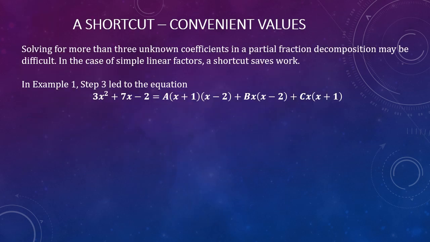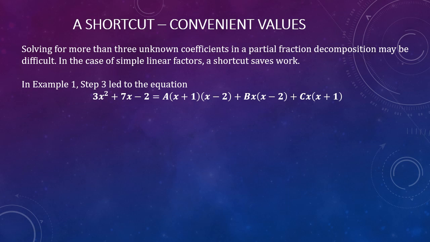Now we're going to look at a shortcut for doing the partial fraction decomposition, specifically solving for the coefficients. Solving for more than 3 unknown coefficients in a partial fraction decomposition may be difficult. In the case of simple linear factors, a shortcut saves work.